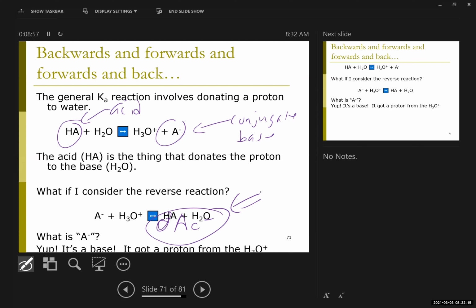And so it's in water. It will react with the water. When it reacts with the water, it makes acetic acid. And so one of the things I say a lot starting next week is it is really helpful if I learn to think of my acids and bases not as acids and bases, but as pairs of compounds, right?